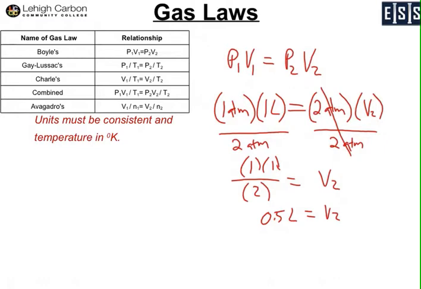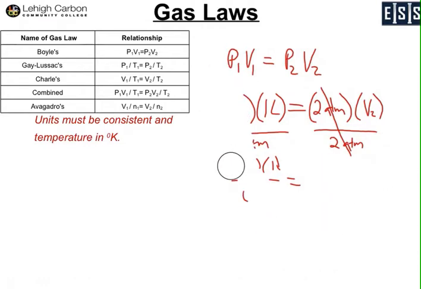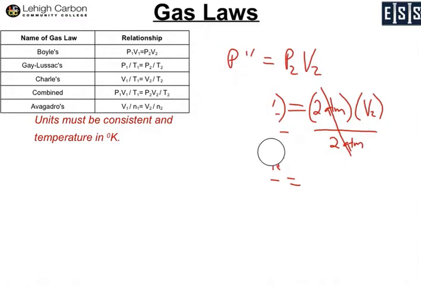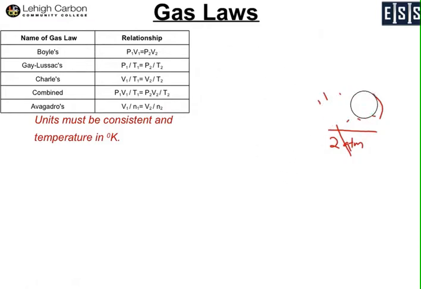That's how you go about introducing what you know and looking for the resultant unknown, in this case V2. Similarly, you do that with the other gas laws. They're just different things changing and different parameters that you're looking at. I'm going to do one a little more complicated with Charles's law next.